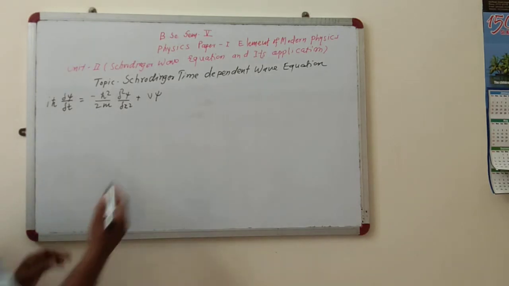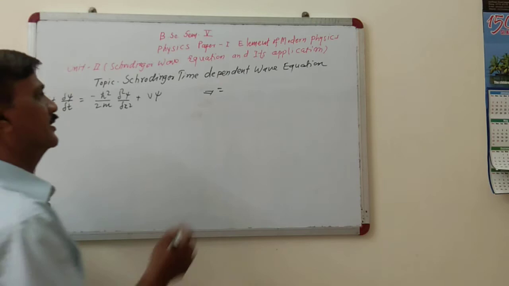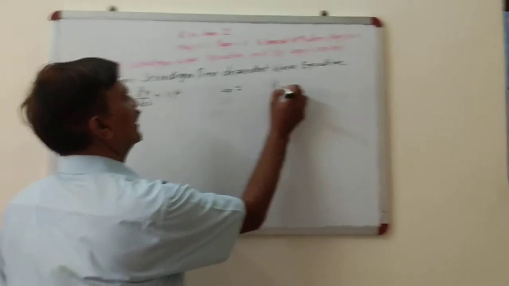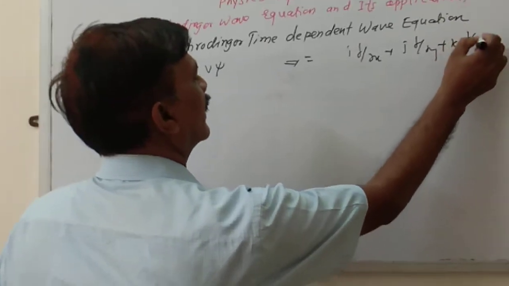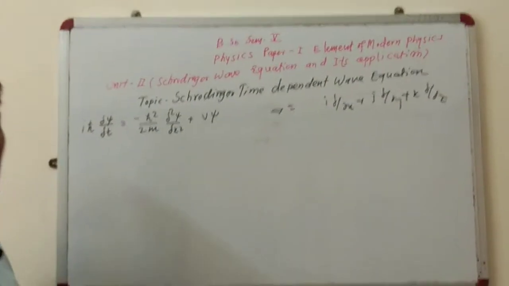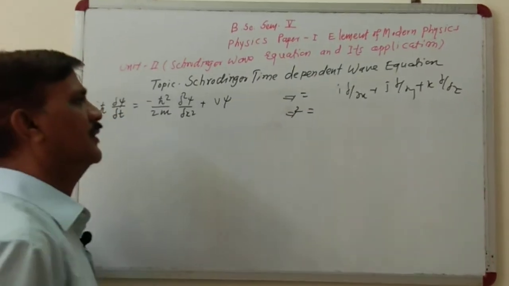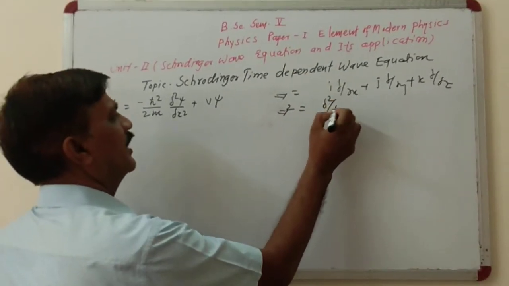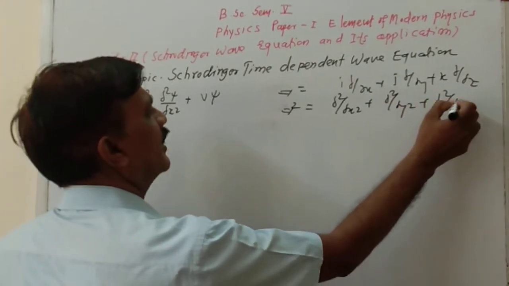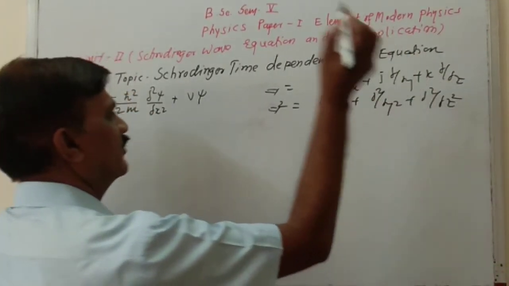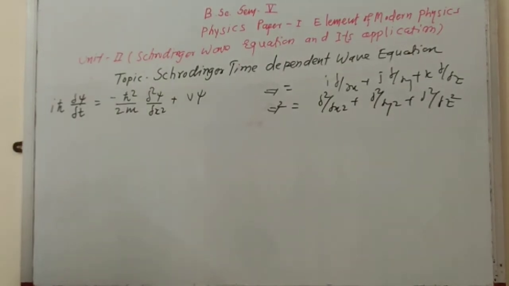Also you know ∇ is the Laplacian operator, and this ∇ is nothing but i ∂/∂x plus j ∂/∂y plus k ∂/∂z. Then ∇² is ∂²/∂x² plus ∂²/∂y² plus ∂²/∂z². This ∇ is the Laplacian operator.